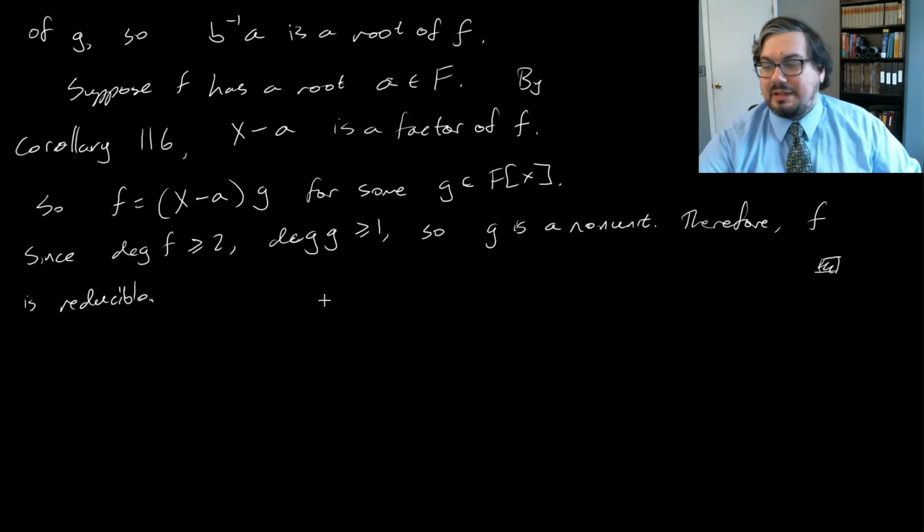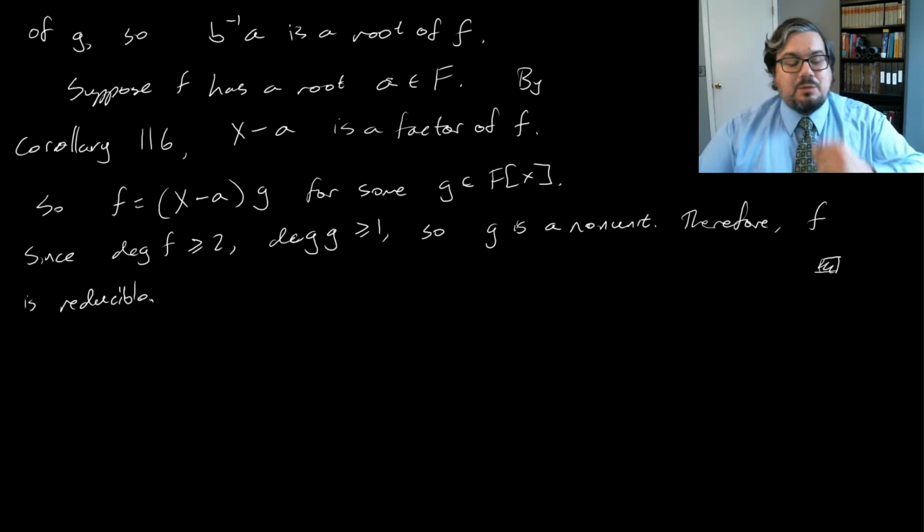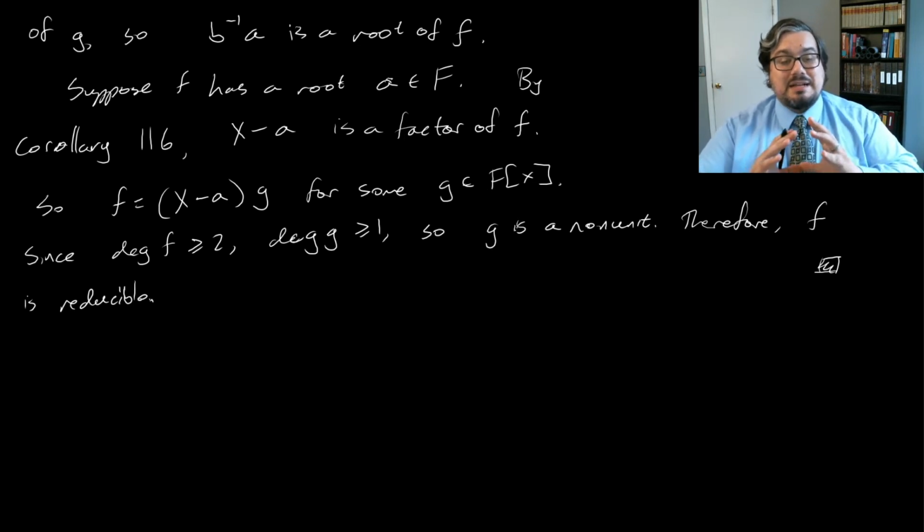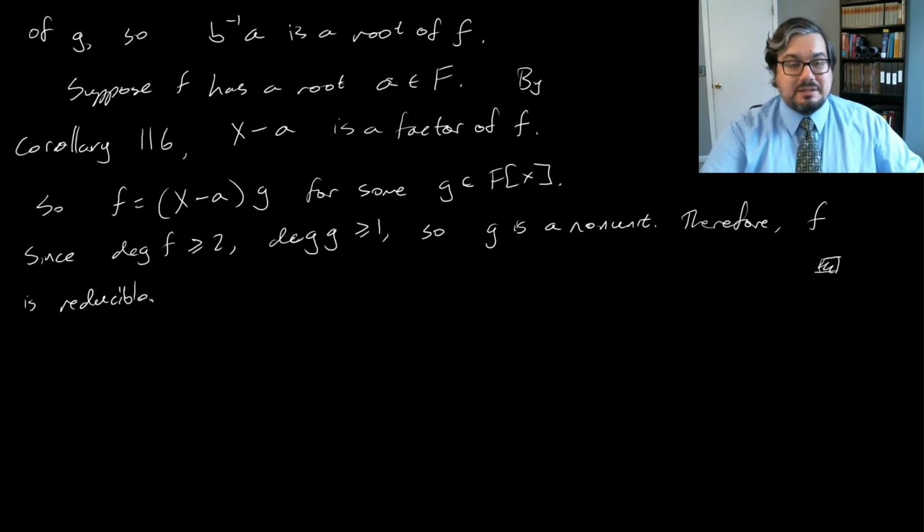This is an if and only if statement. Now, when we are dealing with a unique factorization domain, we can sometimes simplify this process because when we're looking at polynomial rings over a unique factorization domain, we can reduce the number of potential roots of our polynomial in the field of fractions to a finite number.